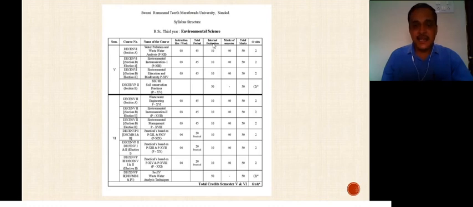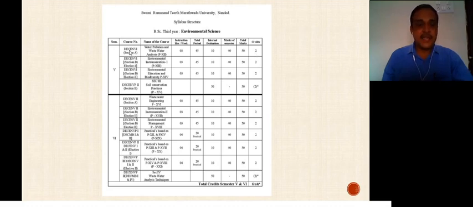There is an internal evaluation in the form of test, seminar, tutorials, assignments, or continuous assessment or regular attendance, etc. Then the marks of the semester examination are 40, and the total marks are 50, which carries credits. One paper is of 2 credits.